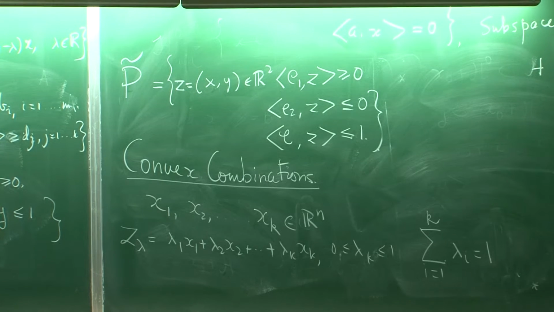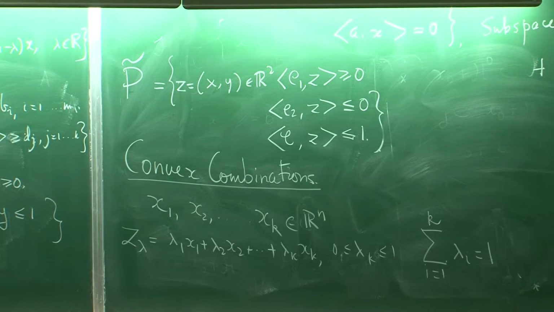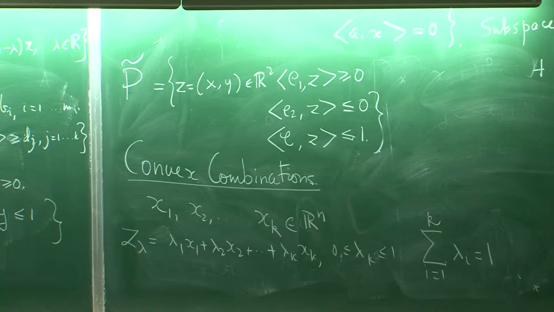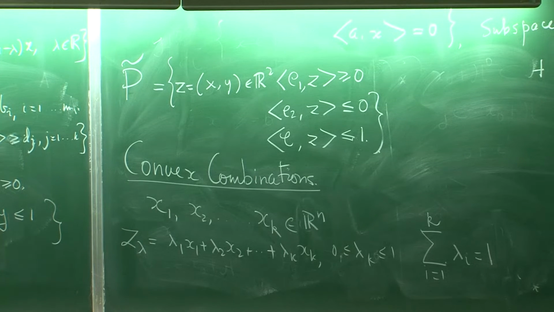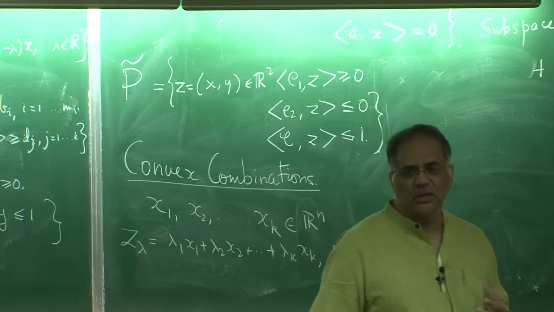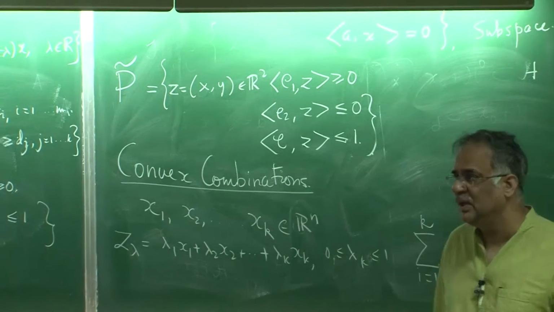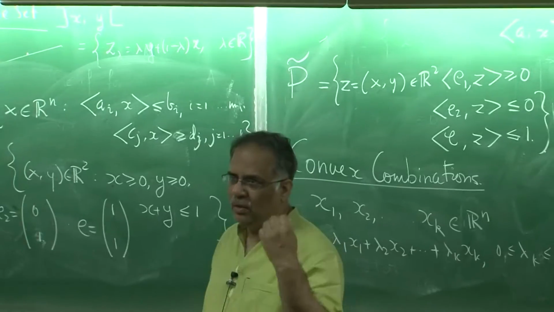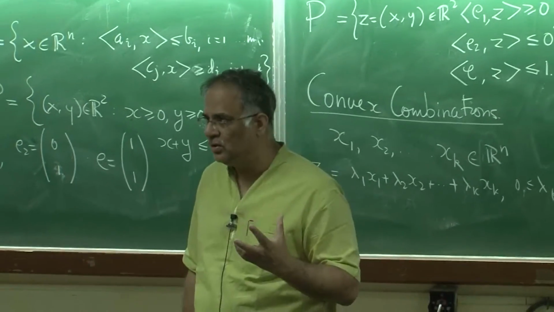Now, I will introduce a very important notion, a tool, an idea which has a very important connotation in integer programming. That is where your decision variables become discrete, and how you are going to handle that situation.